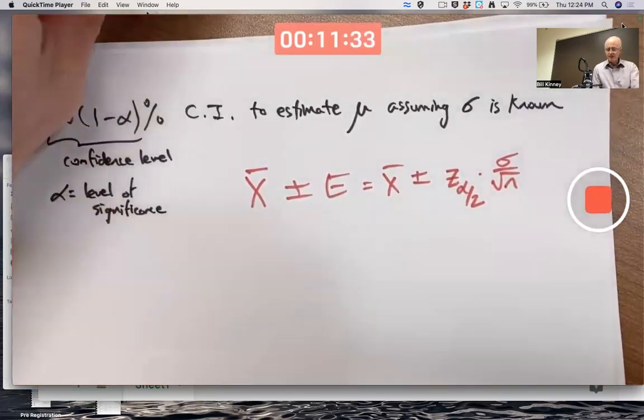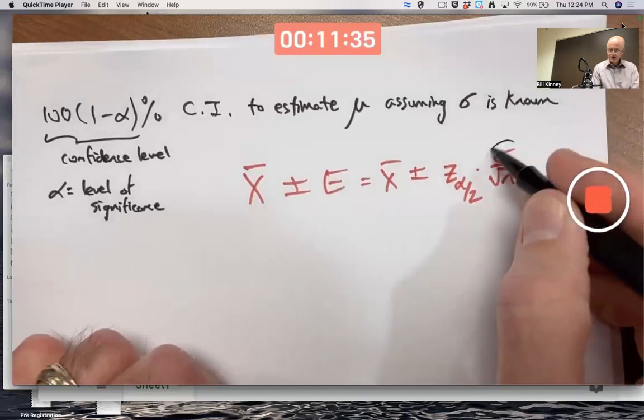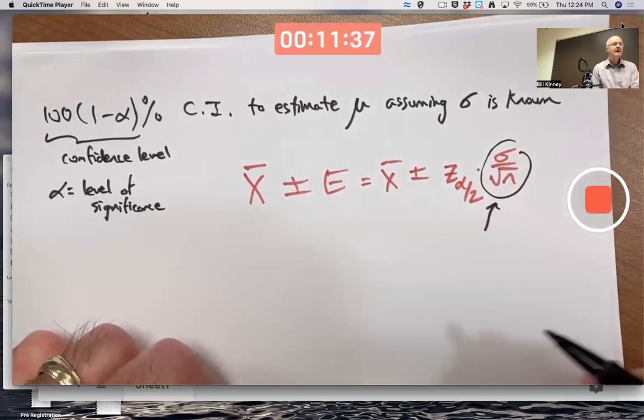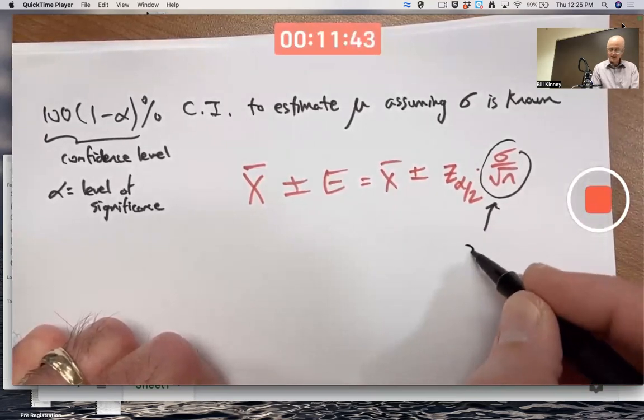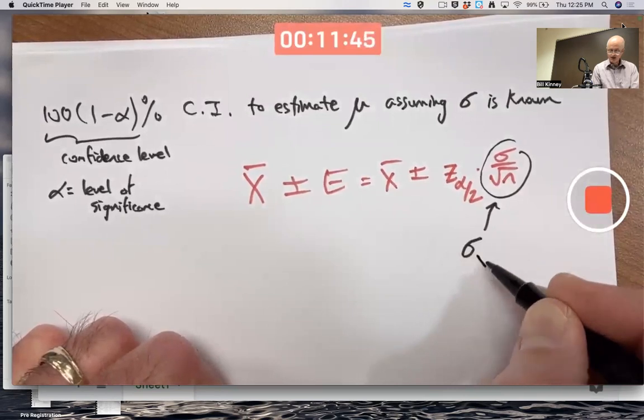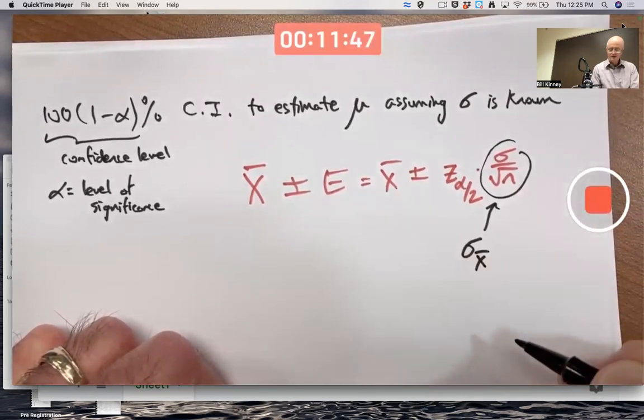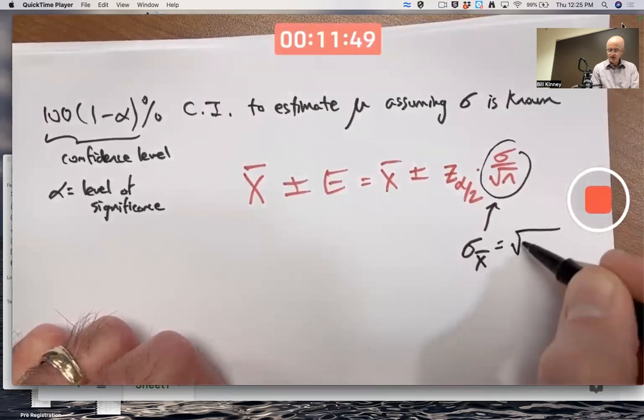Sigma over square root of n, by the way, is the standard deviation of X bar. You could call that sigma sub X bar.